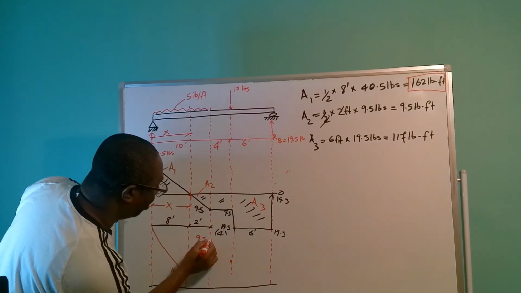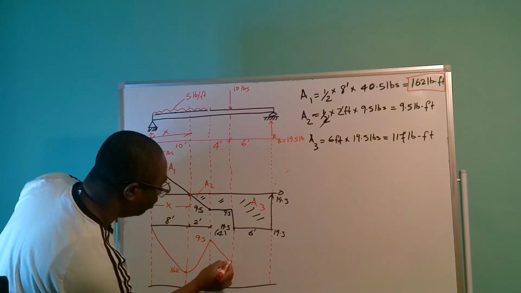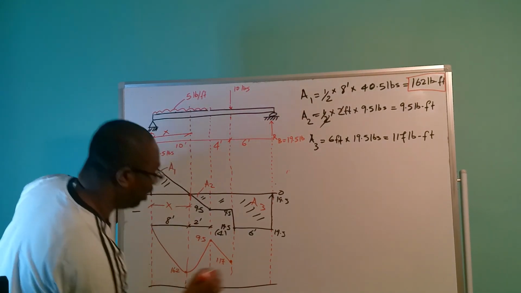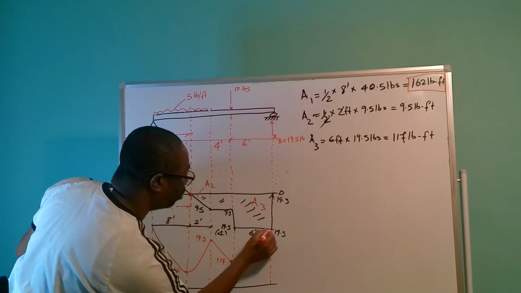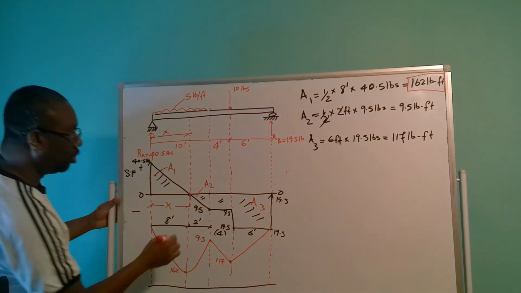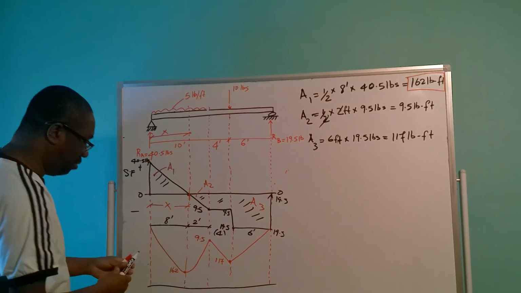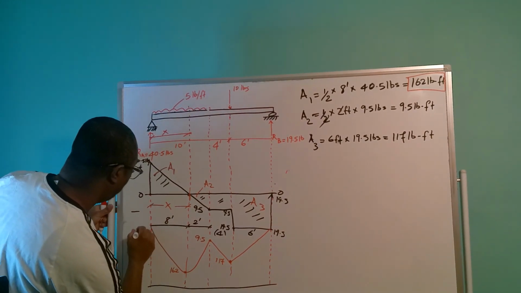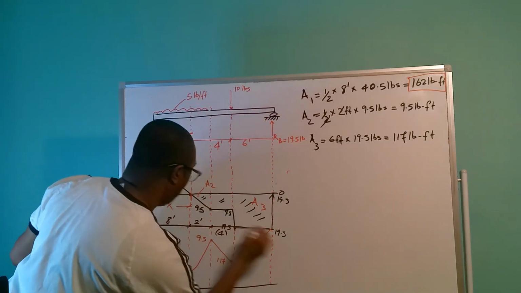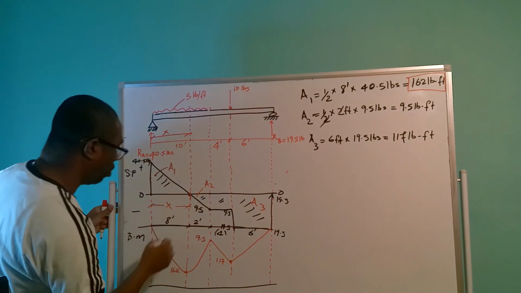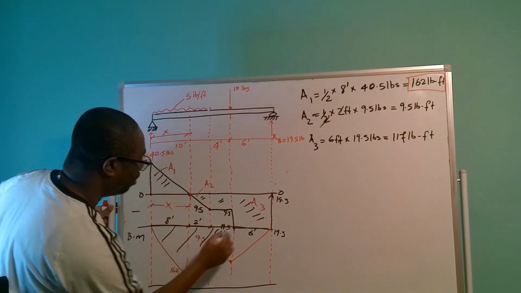So we're going to come down to this point here of 117, and then this is going to come to the end like that. So our bending moments diagram is going to look something like this.